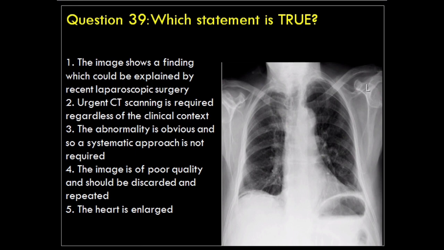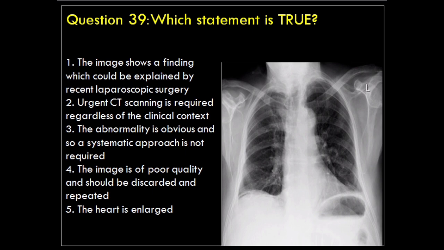Question 39: Which statement is true? 1. The image shows a finding which could be explained by recent laparoscopic surgery. 2. Urgent CT scanning is required regardless of the clinical context. 3. The abnormality is obvious and so a systematic approach is not required. 4.